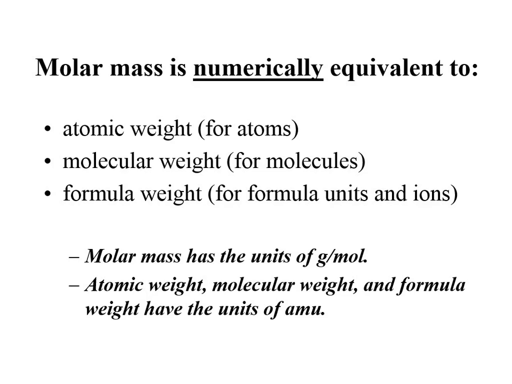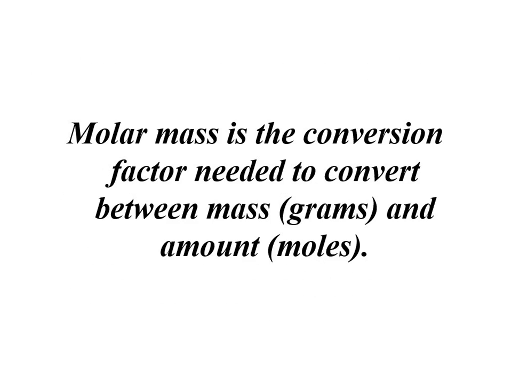Okay, we can take that same number, change it from AMUs to grams per 1 mole of the compound. It's the molar mass of the compound. So we're going to do some examples. Looks like you're all buying into this, because it's very true. So what we did with elements was we used the molar mass to convert from grams to moles, and we also used the molar mass to convert from moles to grams. And that's what we're going to do here with compounds.